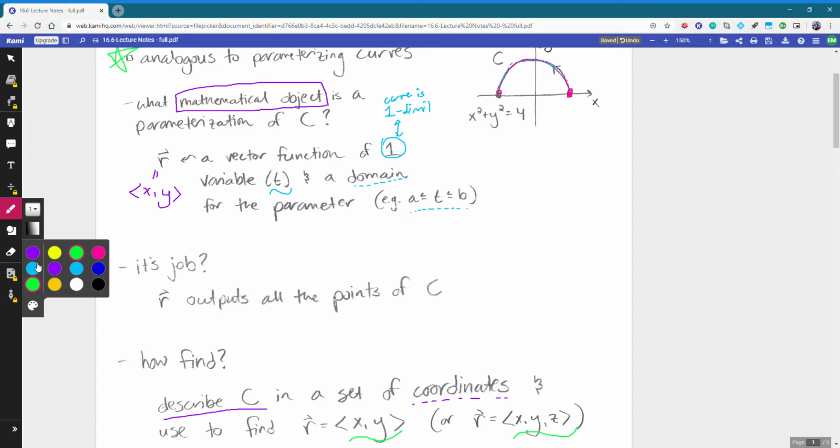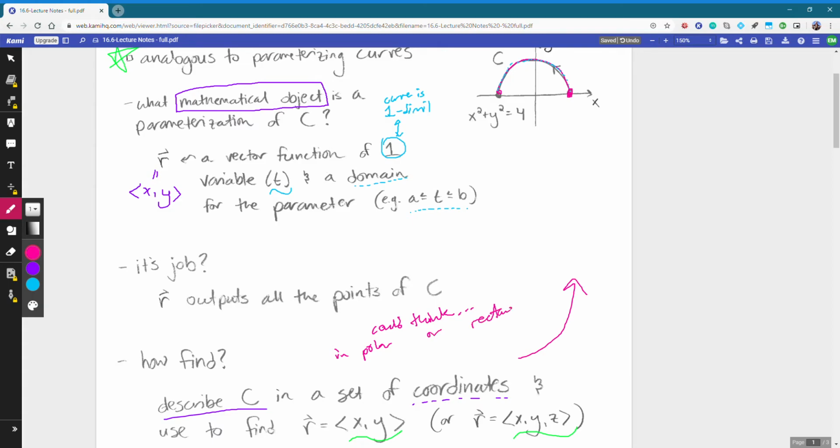For example, with our situation up here, this curve is a nice chunk of a circle. So we could think in polar, or we could just use rectangular coordinates.